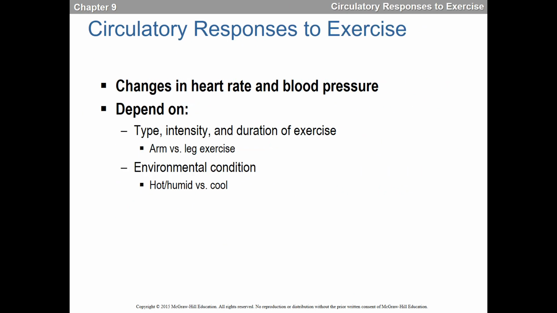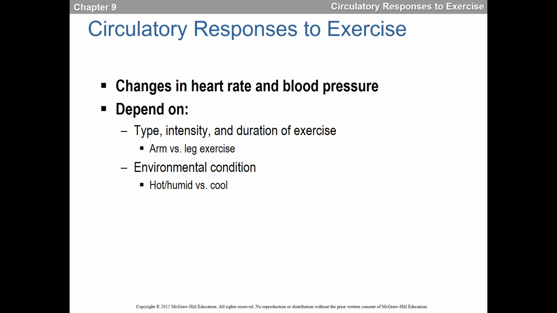The longer we exercise in a hot, humid environment, we start getting dehydrated, so we lose blood volume. As we lose blood volume, we're going to have a reduction in stroke volume. And to maintain cardiac output, we're going to have a higher and higher heart rate, and this is called cardiac drift.